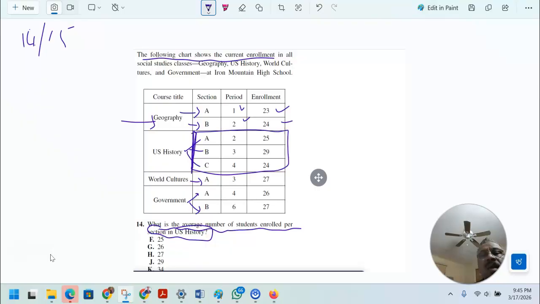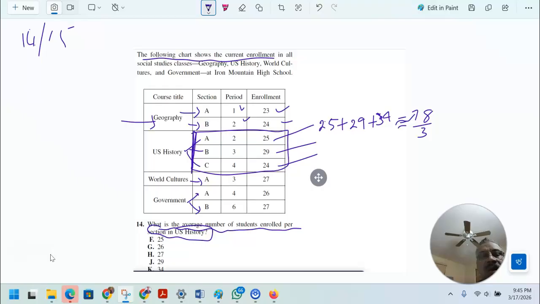So how many students are enrolled is, this is 25, 29. If you add up 25 plus 29 plus 34, you get 78, and then you have to divide by 3.